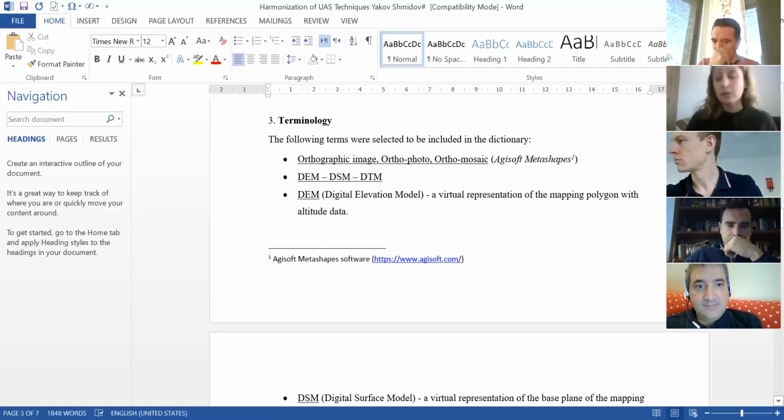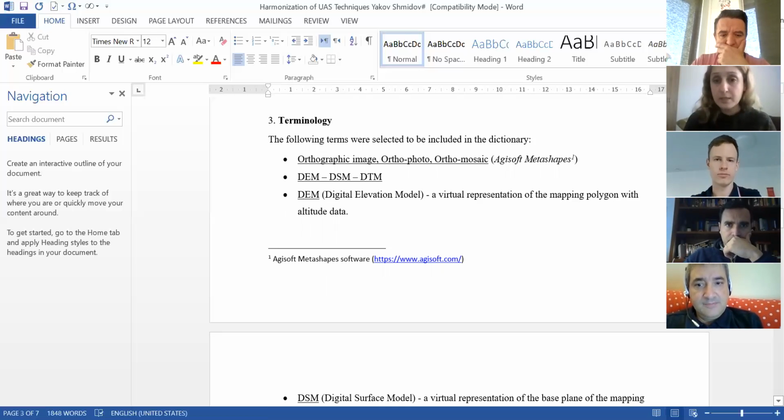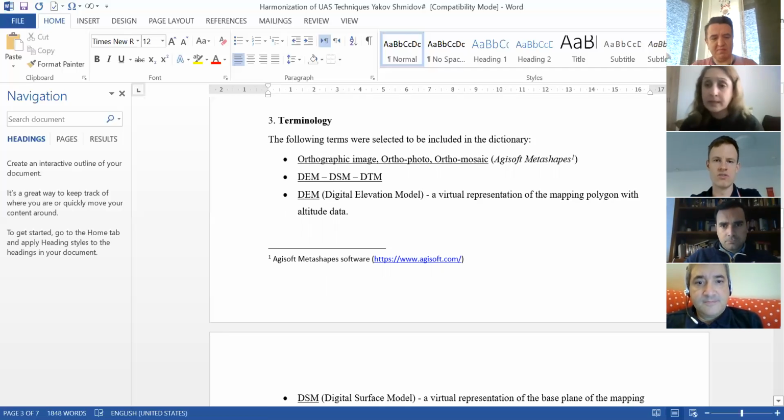It's absolutely normal, I think, because we are producing some products, we are analyzing some stuff, and the terms that are internally implemented in the program or by tutorial or guidance of these software, we immediately introduce them, like orthomosaic. Orthomosaic is specifically from Agisoft because it's based on stitching.